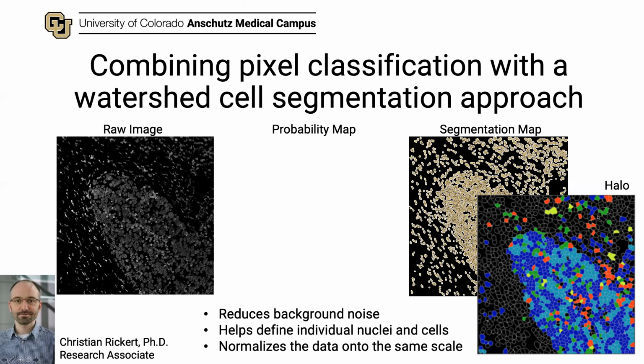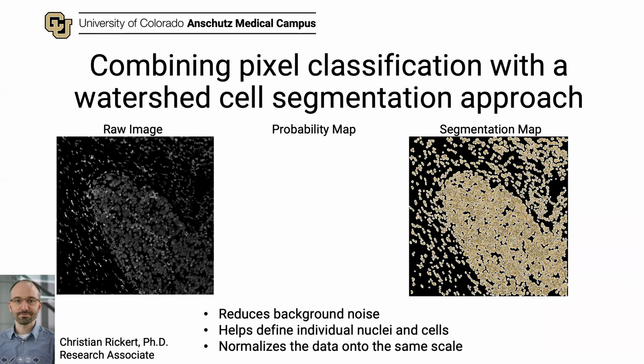But just right off the bat, you can see that there are blank areas where it's calling them cells. It's putting an outline on these areas and filling in all of the space with cells where there should not be cells because there's really no true nuclei there. We think that this segmentation map with CU-CellSeg is a lot more realistic and is better tuned to the actual data that's in the image.